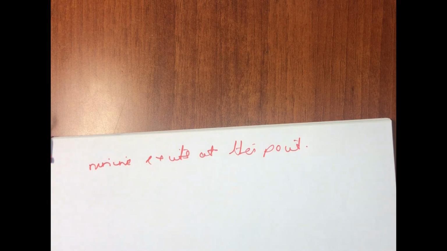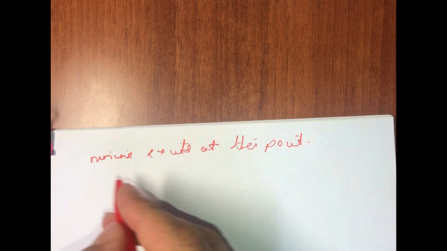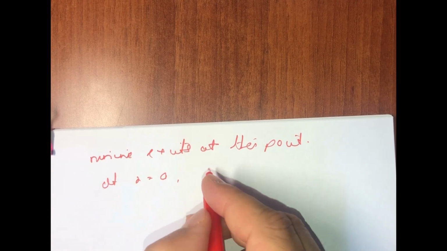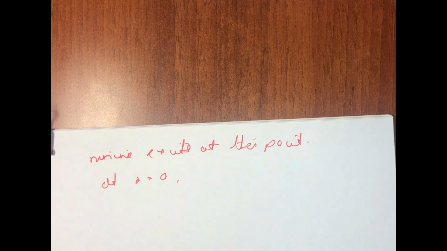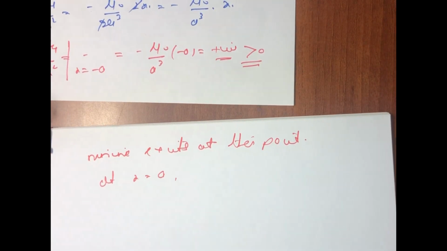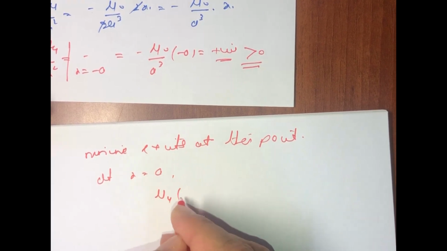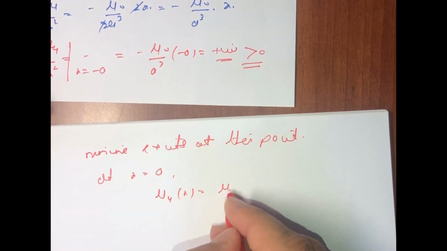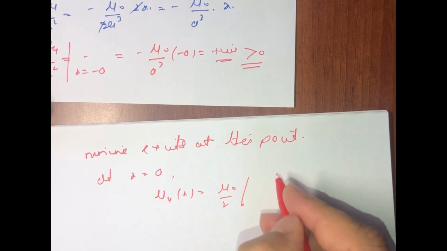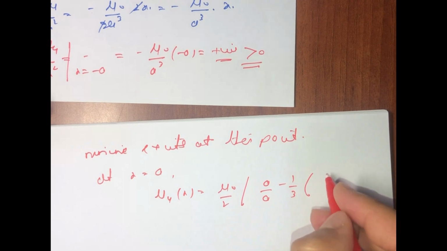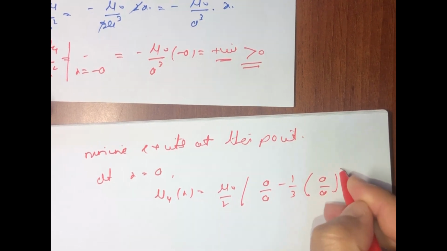We can find out its value at x is equal to a, we get u4x is equal to u0 upon 2 times a upon a minus 1 by 3 and we have a upon a whole cube.